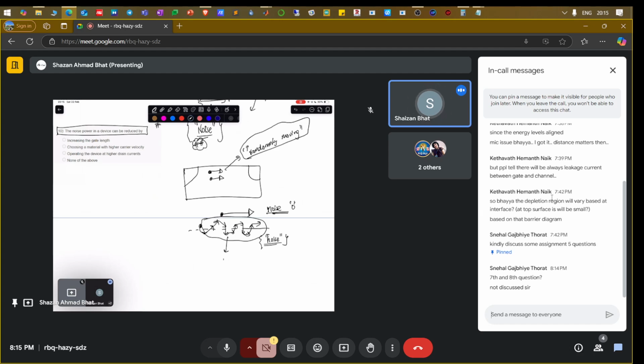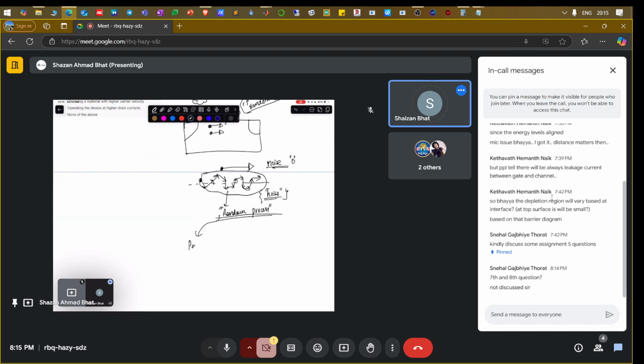But because this is totally a random process, whenever you have quantities like power dissipation, or currents, they are all average quantities. Even the mobility we talk about is an average quantity. It's not an absolute quantity.